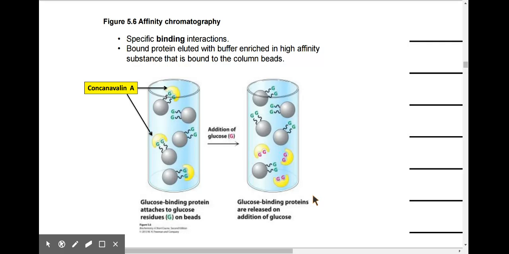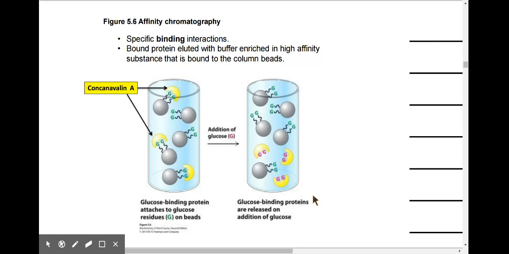Well, we add a high concentration of glucose. And we set up a competition for concanavalin A to bind to our mobile phase versus the stationary phase. And so what happens is our concanavalin A will start binding to the mobile phase that's moving through because the glucose is in a very, very high concentration.